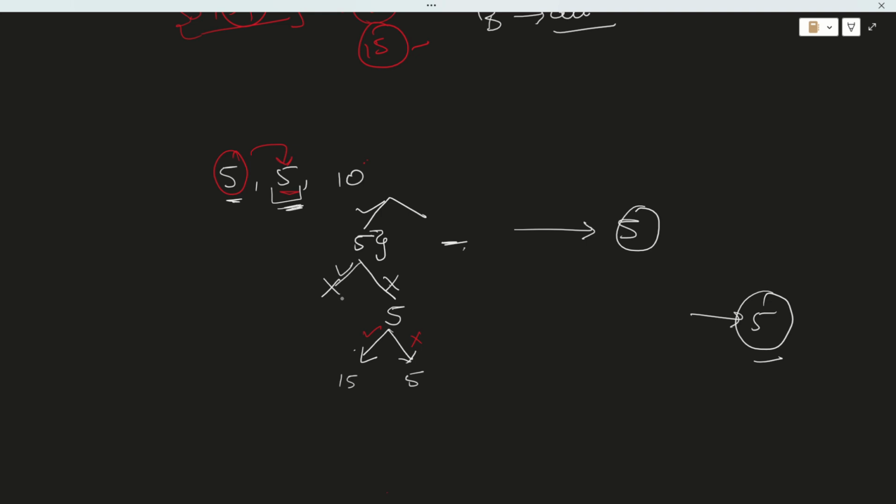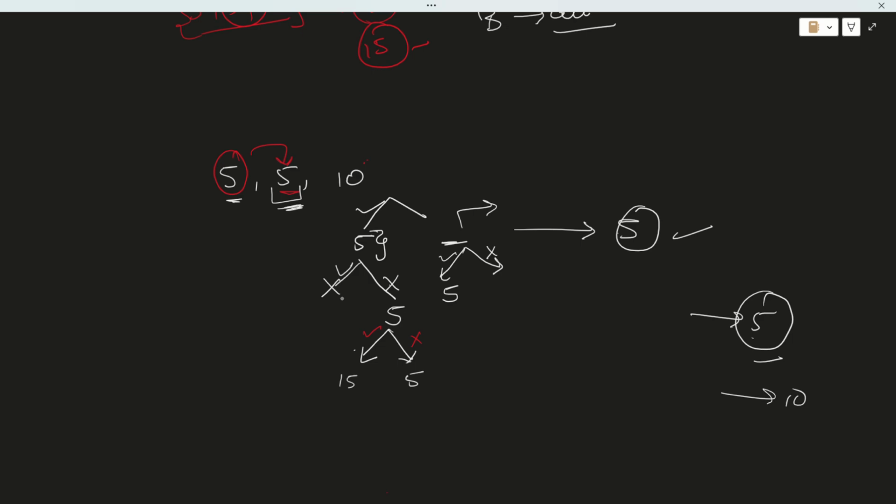Okay, so now let us go with the exclude one, this one. See, in the first level, this was the level for 10. I am going with the first level. I have not chosen the 5, right? In the second level, if I have not chosen the 5, I have two options: to choose the next 5 and not to choose the next 5. If I choose the next 5, the answer would be 5.